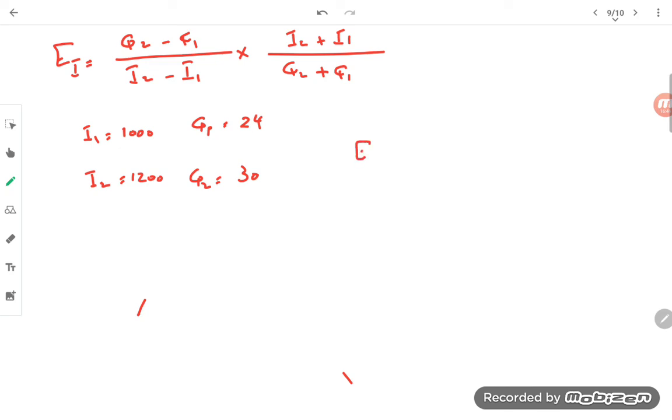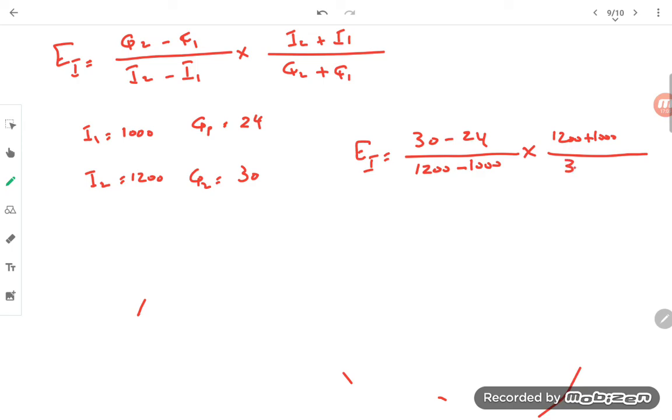So now we can substitute in the equation. It's 30 minus 24 divided by 1,200 minus 1,000, multiplied by 1,200 plus 1,000 divided by 30 plus 24.